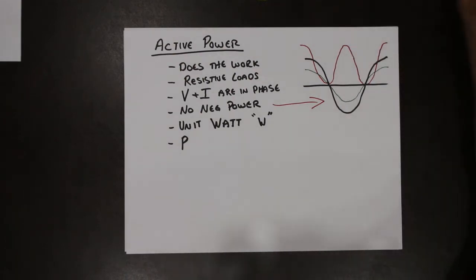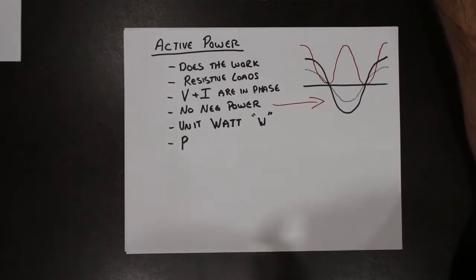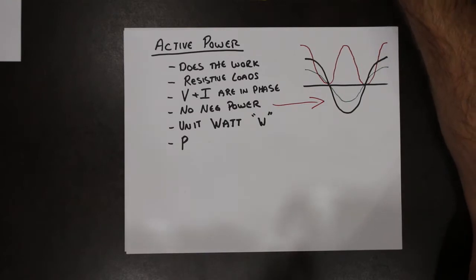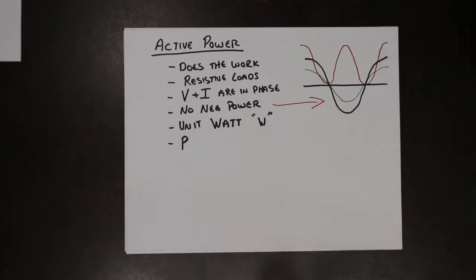If we look at the characteristics of active power: it is found in resistive loads and does the work. The voltage and the current are in phase. There's no negative power.